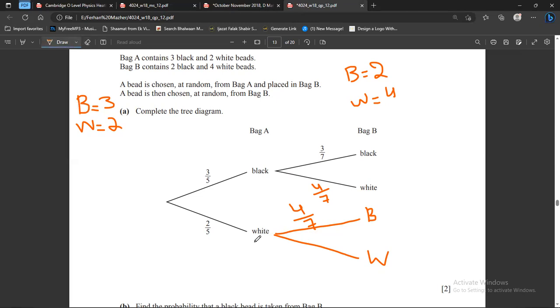You have taken a white bead from A and put it in bag B. Now the black ones are still 2, and the white has become 5. So hopefully you understand. It is 4 by 7, 2 by 7, 5 by 7.